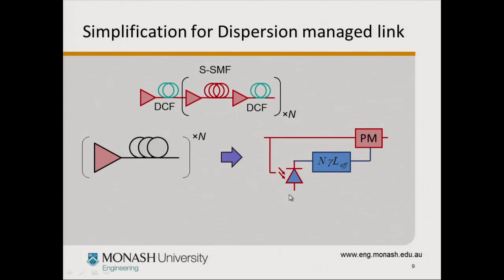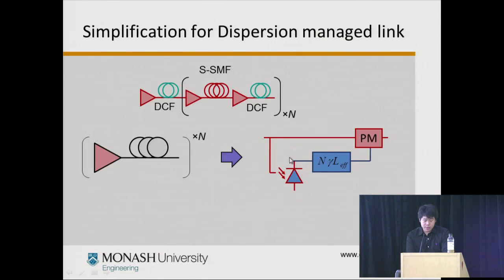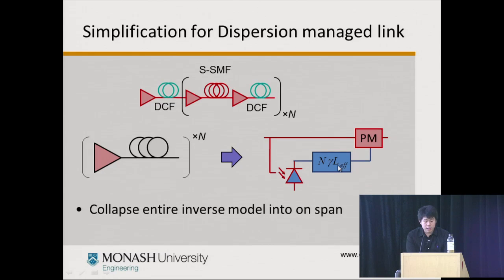And in such a link, we can approximate that the dispersion is equal to 0, and all of the nonlinear effects collapse to a single module like this. So therefore, we're able to approximately guess the nonlinear products with only a single step.